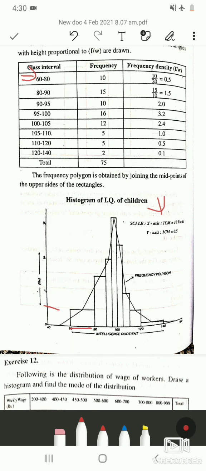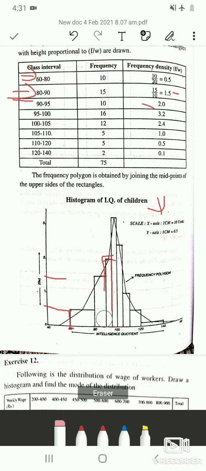It is 0.5, which is somewhere here. Draw a rectangular box. The next one is 80 to 90, and the frequency density is 1.5, which is somewhere here. The next one is 90 to 95. Frequency density is 2, which is here, and you can plot it.